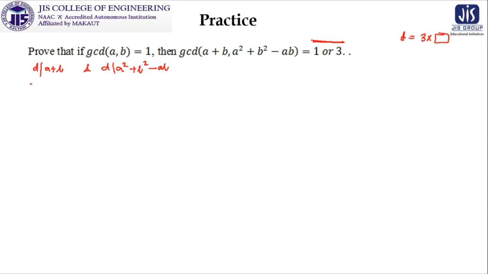From this line we can write that d divides a plus b, so obviously d will divide a plus b into a plus b, a plus b into m, any m. So we are taking a plus b along with a plus b, and d divides a square plus b square minus ab. I am keeping it as it was.